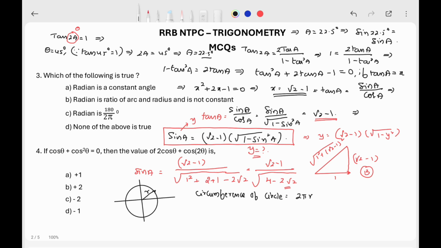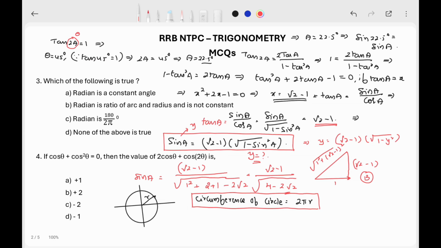This you heard in your 7th class, 8th class or 10th class mathematics. Very simple. 2 pi r, where r is the radius. Where pi is the value, what is the pi value? Pi is equal to 22 by 7, that is equal to 3.141 or something like that.